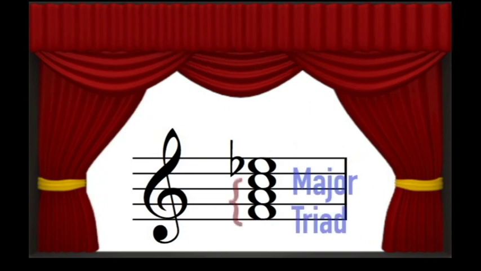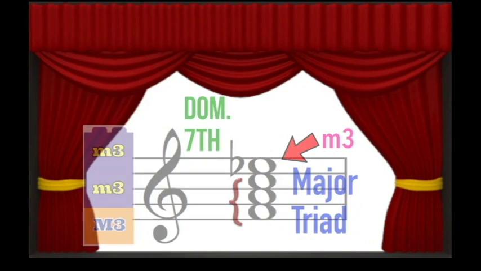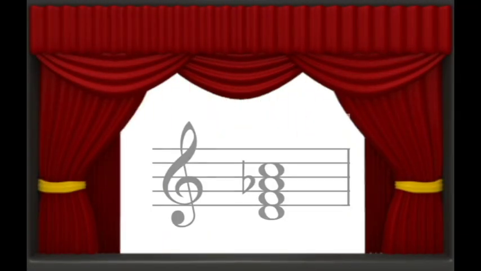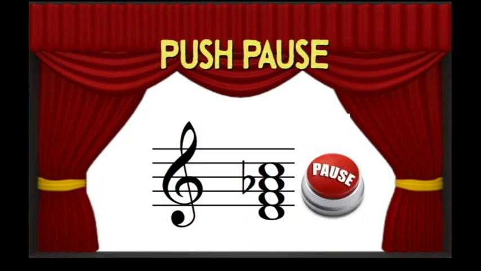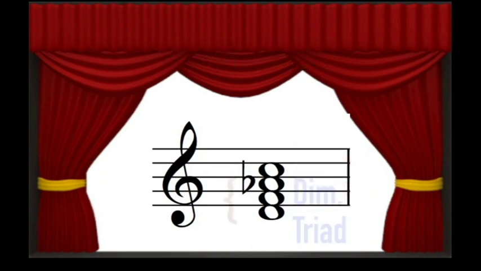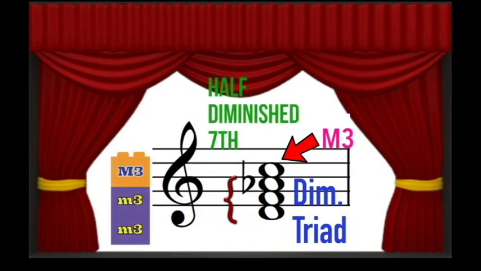This chord has a major triad with a minor third on top, making it a dominant seventh chord. This diminished triad at the base makes it one of two possible chords, but when we add a major third on top, that makes it half diminished.